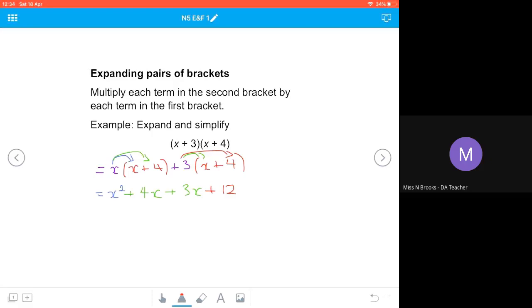Now you can see that I've deliberately written those x terms in the same color because now we need to do the simplifying, because what we're going to end up with is a trinomial, or a quadratic as it's sometimes known, with 3 terms in it, hence the word tri for trinomial. So our final answer is going to be x squared + 7x + 12. So (x + 3)(x + 4) gives us x squared + 7x + 12.